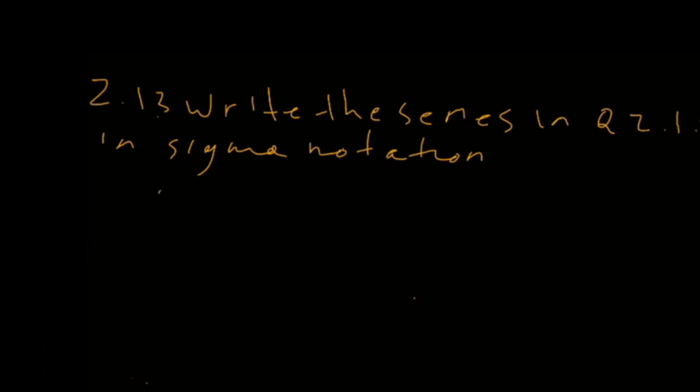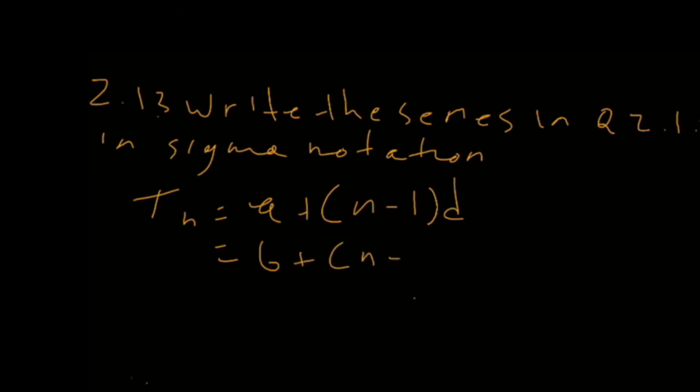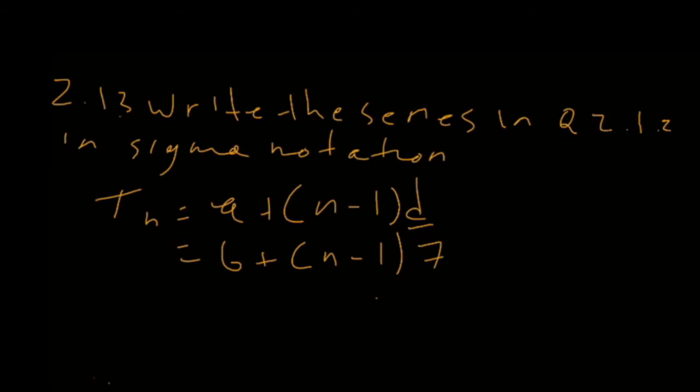And our formula, as you know, is Tn equals a plus open bracket n minus 1 close bracket times d, and we've determined your first term plus n minus 1, close bracket, and then our common difference there is 7, right?